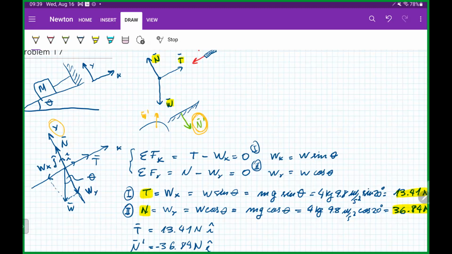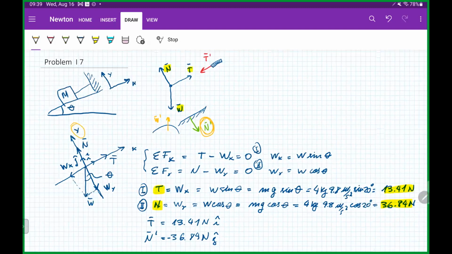So N prime will be pointing the opposite way of N, and it will be acting on the floor. So N prime is the force that the block is exerting on the plane, on the floor. Is that clear? All right, thank you.